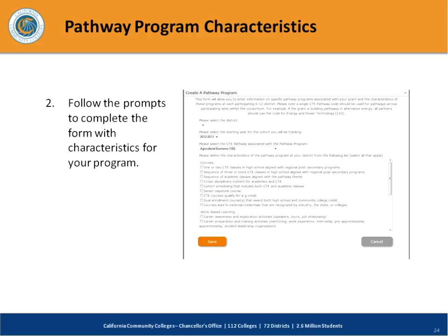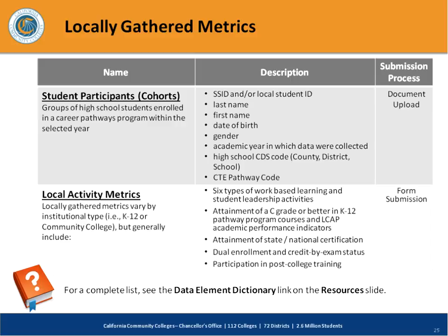But remember, the way you're going to end up seeing this information is you're going to mouse over that little blue eye button in the tool itself, and then you're going to see a list of characteristics. So we're not trying to be completely exhaustive because that would be really hard to read, but it will give you an ability to get a sense about whether a pathway program in one district versus another has various characteristics that will be important for the conversations you might want to have about ongoing development for your pathway programs.